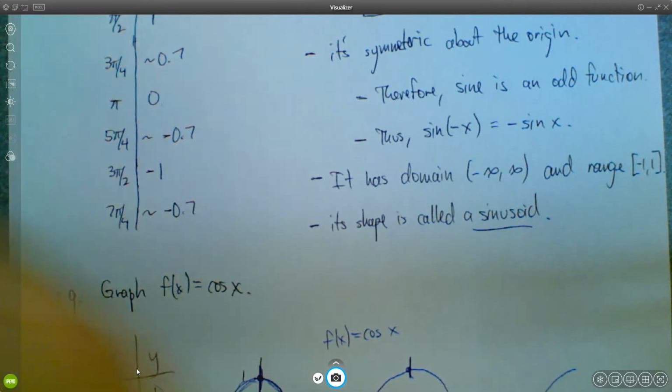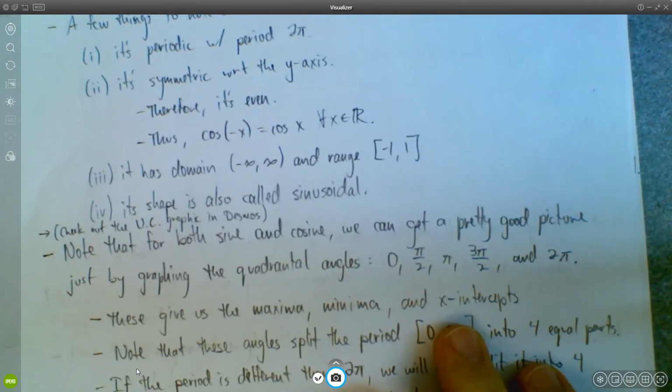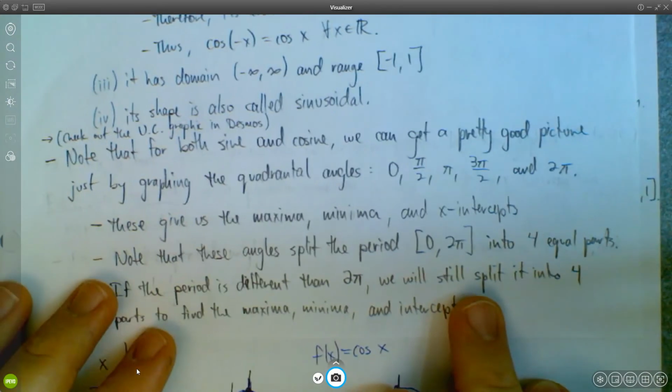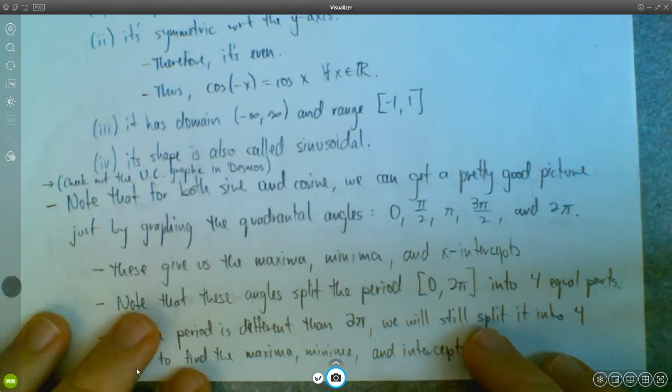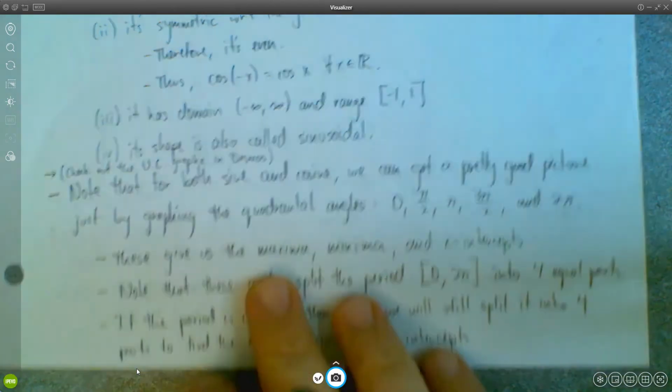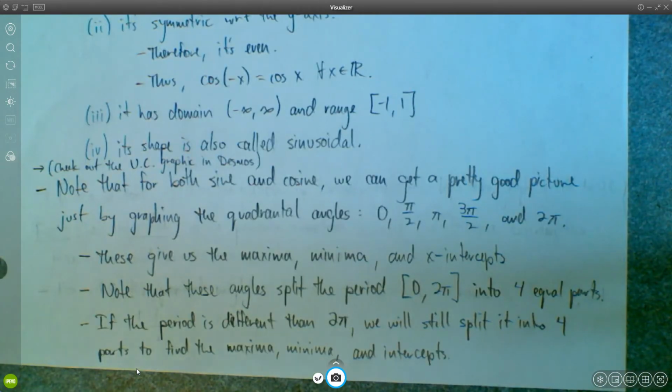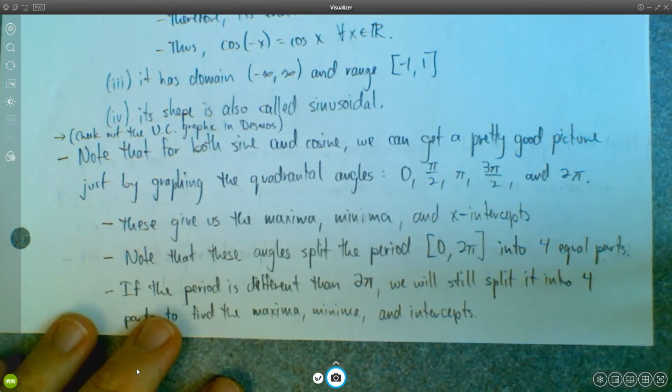As far as graphing these things go, obviously we're not going to just sit around and graph sine x and cosine x all day. We're going to want to graph transformations of those things, like sine of 2x or -3 cosine of 1/2 x.